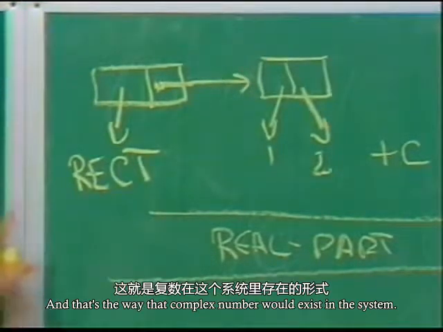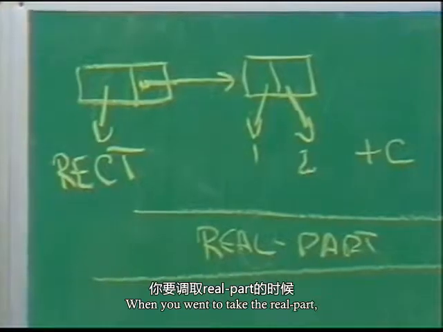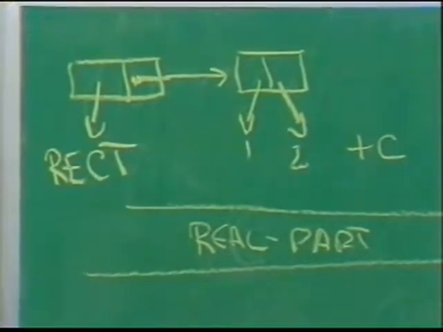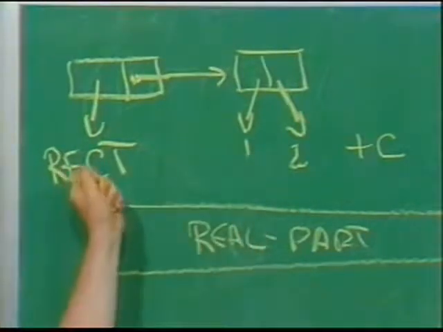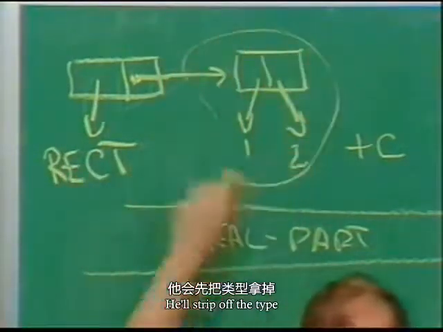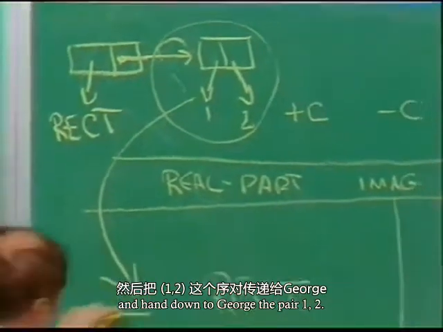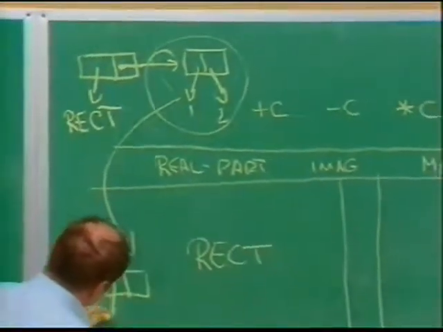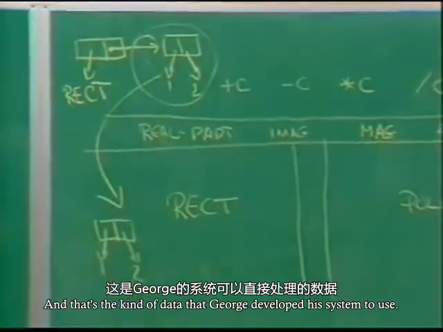And that's the way that complex number would exist in this system. When you went to take the real part, the manager would look at this and say, oh, it's one of George's. He'll strip off the type and hand down to George the pair 1, 2. And that's the kind of data that George developed his system to use.